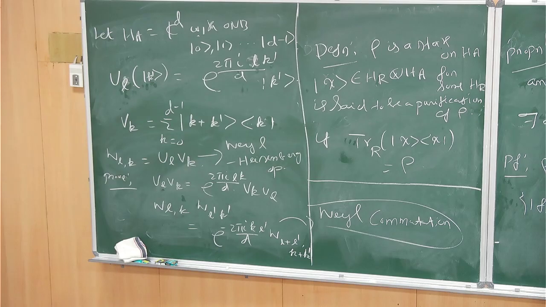Now you take the partial trace over R. This will have trace 1 only when k equals k prime, otherwise it is 0. So this is just going to be summation over k of lambda_k |e_k><e_k|, which is clear. So this is a purification.